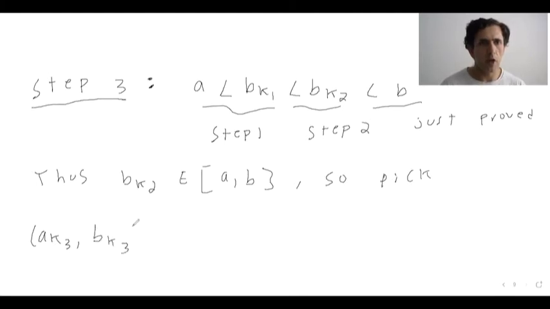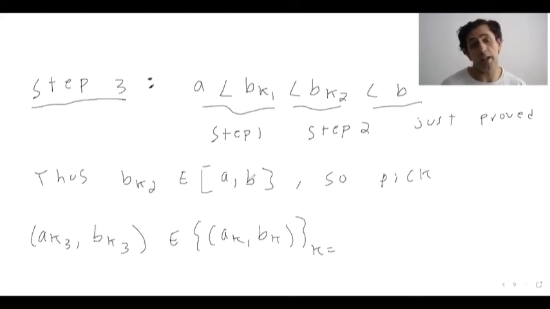Just pick any one of these intervals among the AK, BKs. Again, not to sound like a broken record, but these intervals cover A to B. BK2 is in A to B, so we can always pick among these n intervals one of them where BK2 is in this interval.